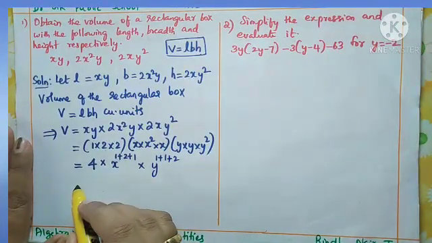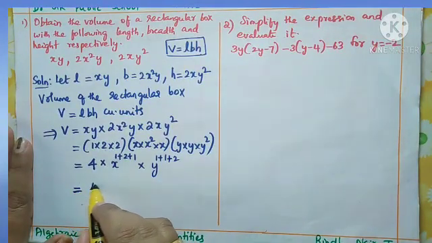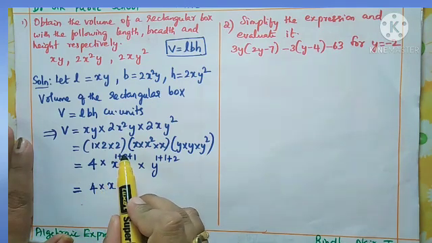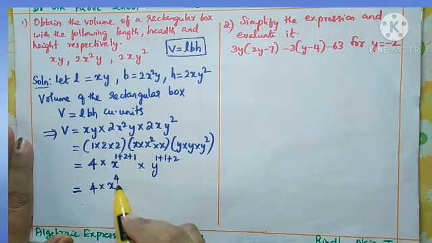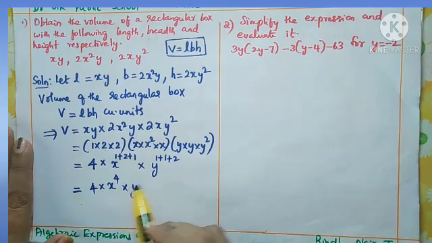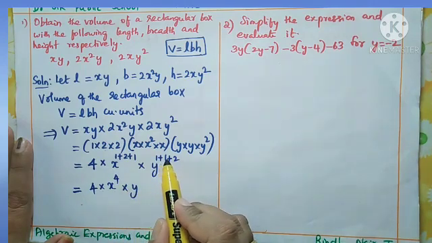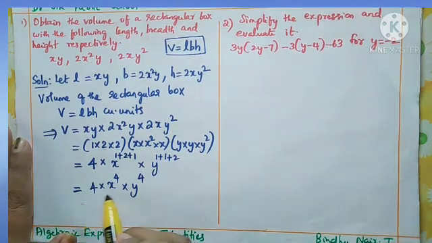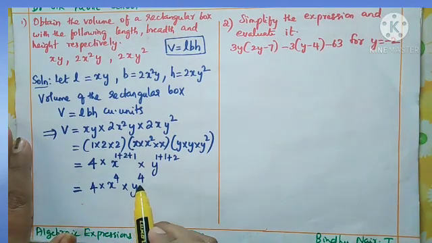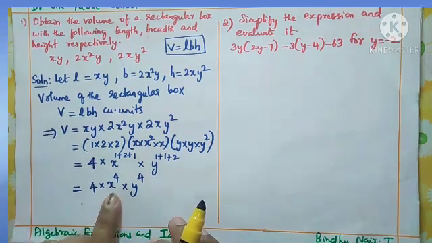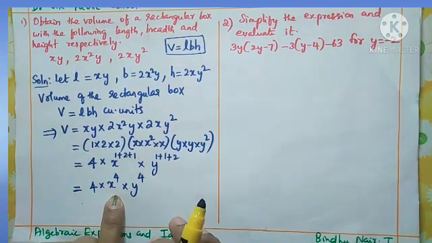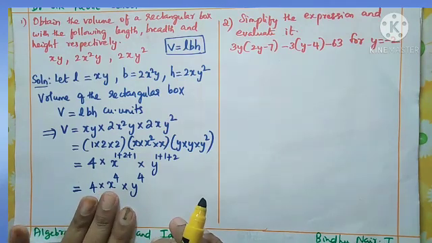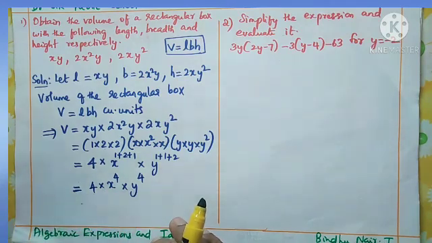Now what do you get? This is equal to 4 into x raised to 1 plus 2, 3, 3 plus 1, 4, and here also y raised to 1 plus 1, 2, 2 plus 2, 4. So what did you get, children? 4 x power 4 y raised to 4. Now you see x and y are different variables, so we cannot combine the powers. So this is the required volume of the rectangular box.